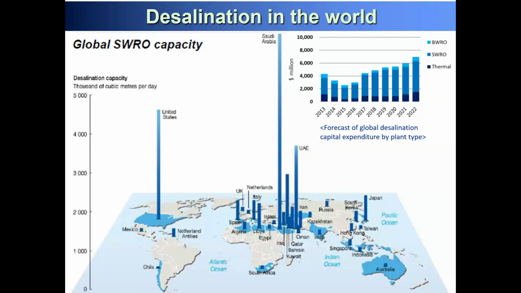You can see that in the last 10 years, BWRO and SWRO seawater desalination increased very significantly. You can see how much money it is. This is only capital cost for one desalination plant.